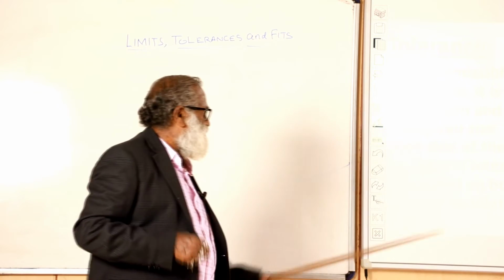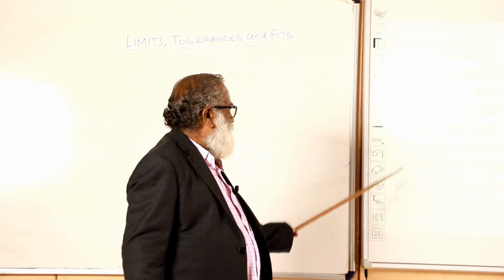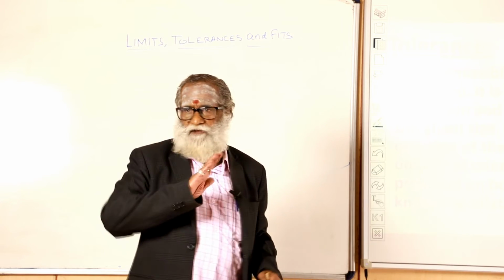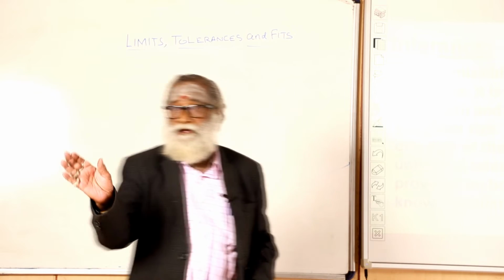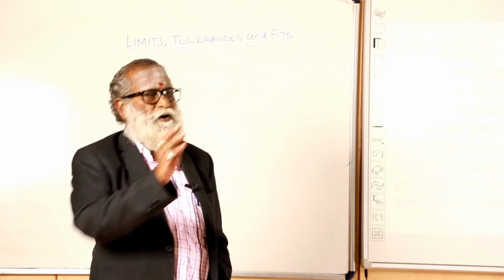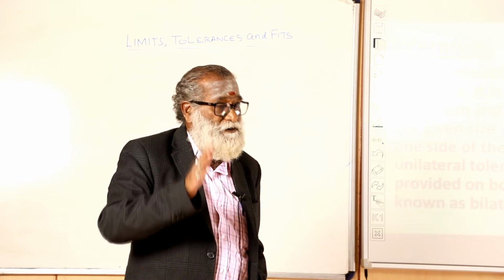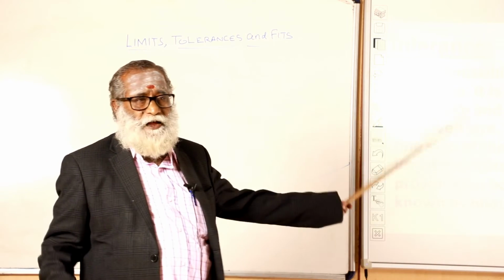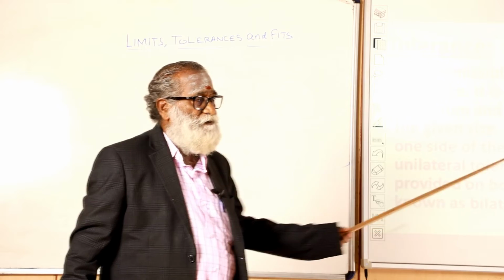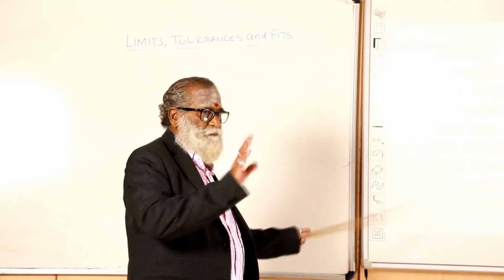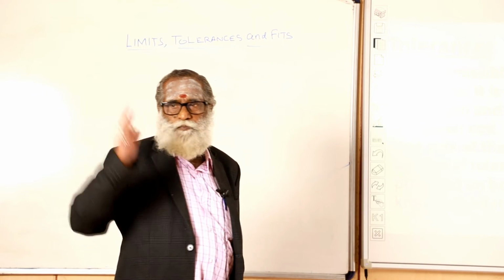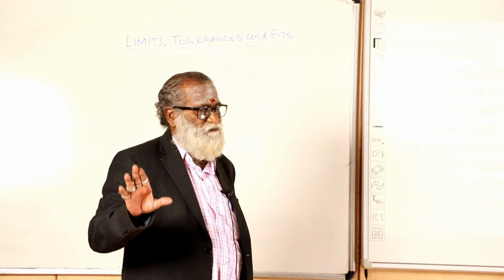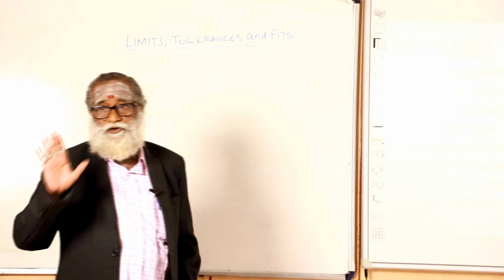Now, if we give the variation only on one side of the basic size, either one plus value or one minus value, that is called a unilateral system. For example, 50 plus 0.05 or minus 0.05 is a unilateral system.